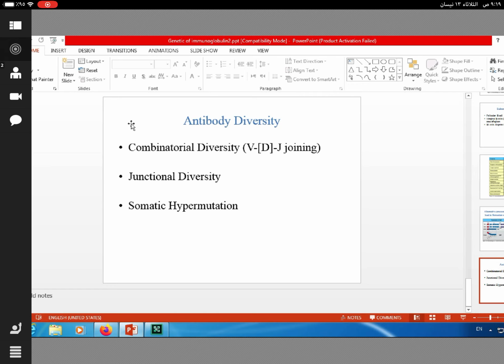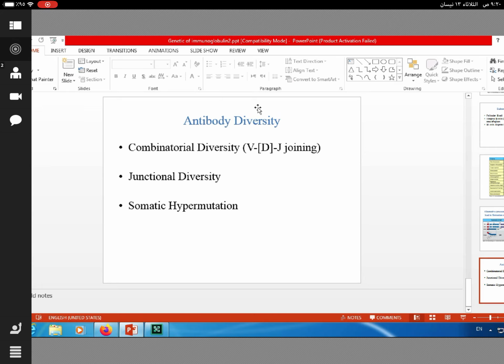Before production of mature B cells, combinatorial diversity and junctional diversity are involved in diversity of B cells, and after production of mature B cells, or after challenging mature B cells with antigen, somatic hypermutation is involved.